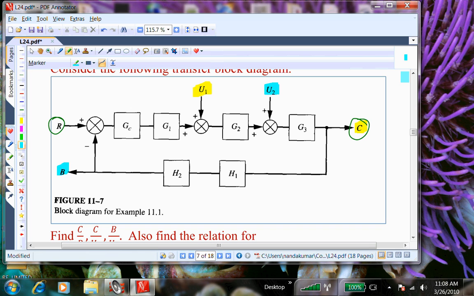Two signals coming into the problem, and the effective response. Because each one of these blocks is linear, you can add up the response of individual excitations coming from either R or U1 or U2. So you can just add them up. It's not a parallel structure, but the signals are coming in parallel, at the same time, and you can add them up using the idea of superposition because all the blocks are linear.